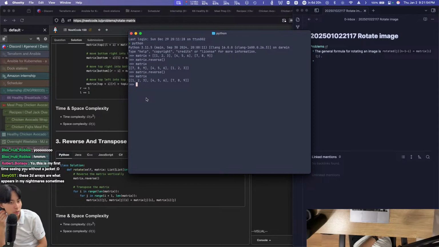Okay, but matrix reversing does that. And then you're saying to transpose, right?